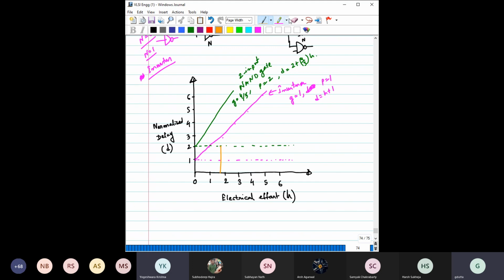H cannot be a fraction, so it can be say like this.